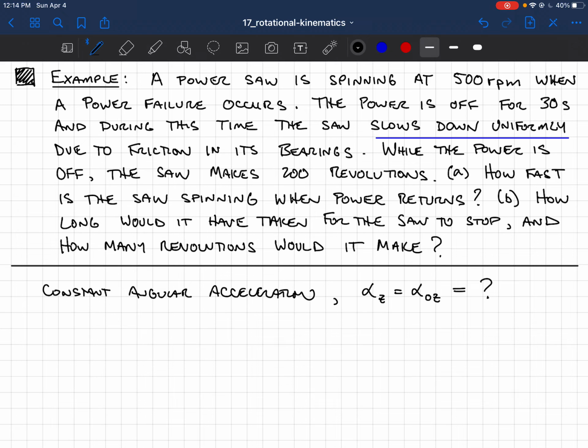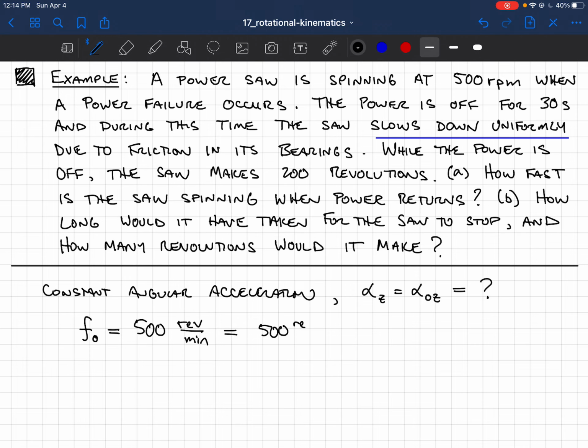Well, what do we know? We know that it has an initial angular velocity given by 500 RPMs. So let's write that as an initial frequency, 500 revolutions per minute. And we could write that in SI units.